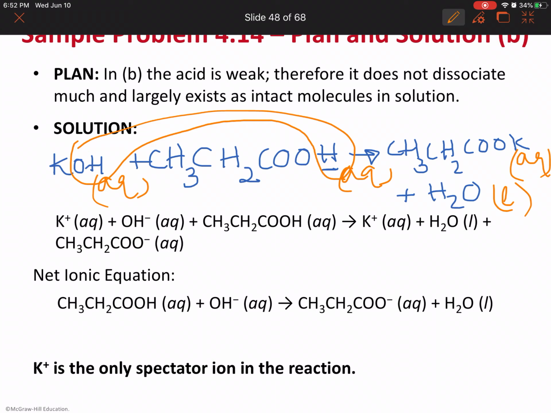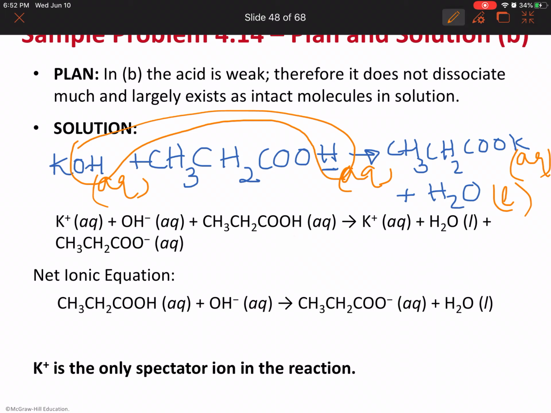So this is the molecular equation I just wrote, and then the total ionic equation: potassium hydroxide is going to break into ions K plus and OH minus, and since propionic acid is a weak acid, you do not break it into ions. You're going to keep it as propionic acid. And then on this side, it can be broken into potassium ions and propionate ion, plus the liquid water.